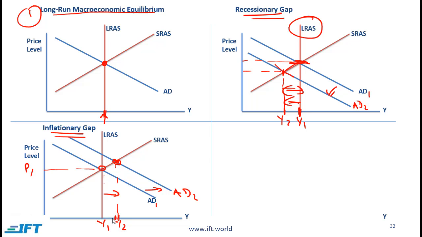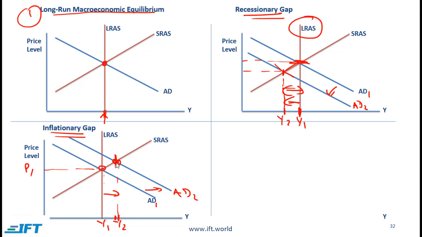So we are actually above full employment. What this means is that people are now working extra hard. Perhaps they are working overtime, which is why even though this is our natural level of output, our economy is producing a little bit above that level. If this is the case, then eventually people will demand more money for working extra hard.